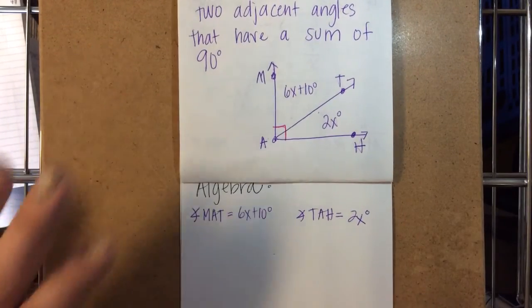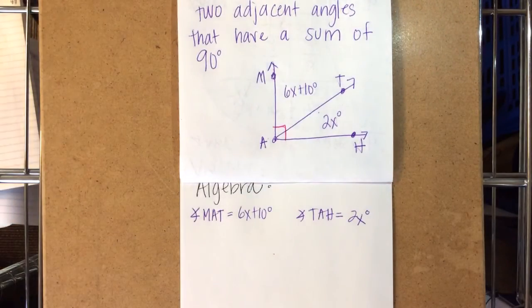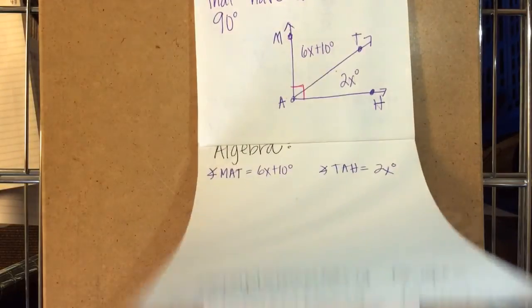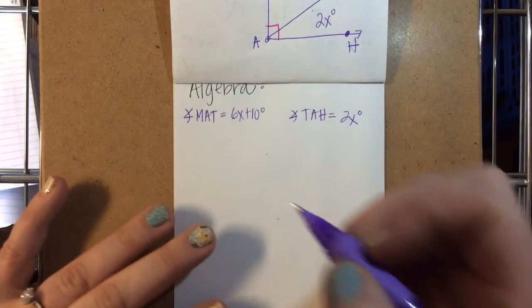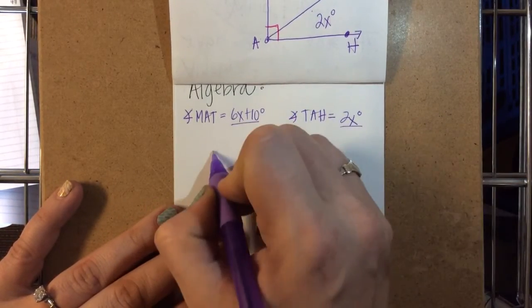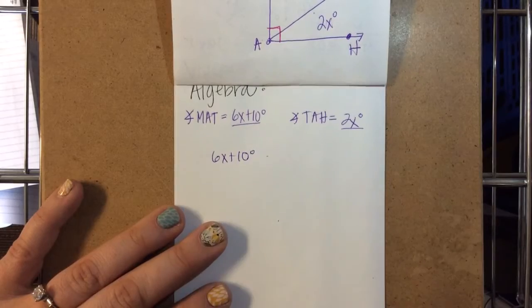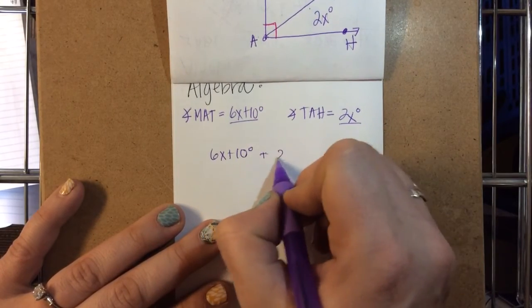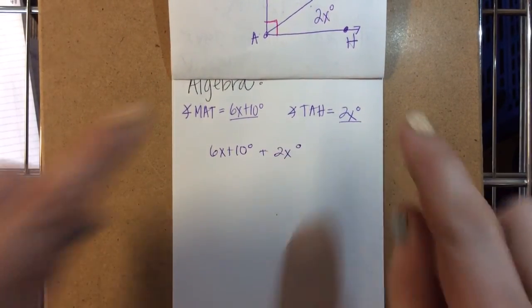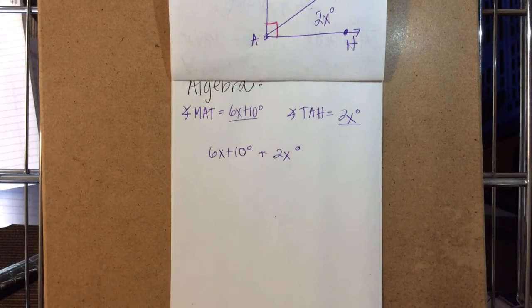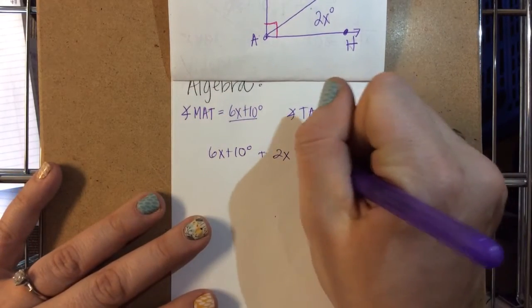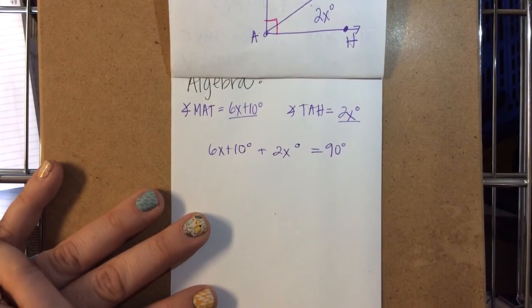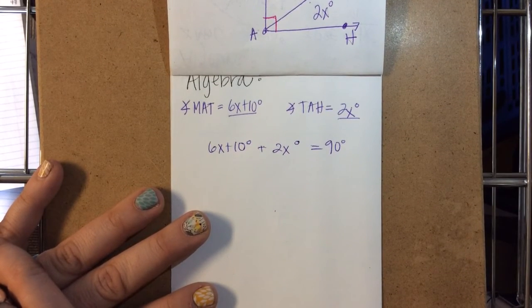Can I figure out what each one really does measure? Yeah. Because what do they already make? 90 degrees. So I should take them and add them together. 6x plus 10 degrees plus 2x degrees. And if I add both of these together, what should my answer be? 90 degrees. Isaac and Tanner, heads up.